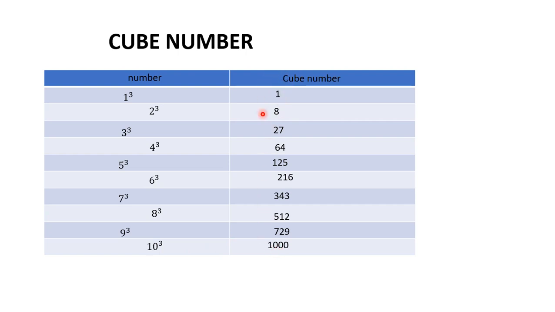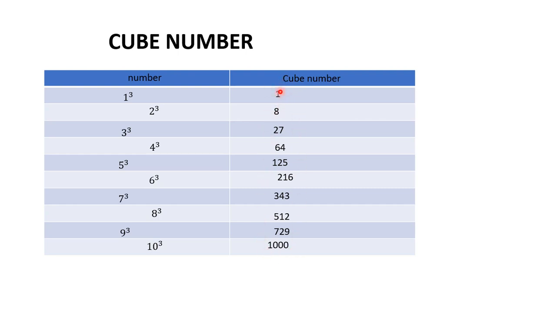So remember, the numbers in the column of cube numbers are also known as perfect cubes, because only when we have this many small cubes can we get a big cube.